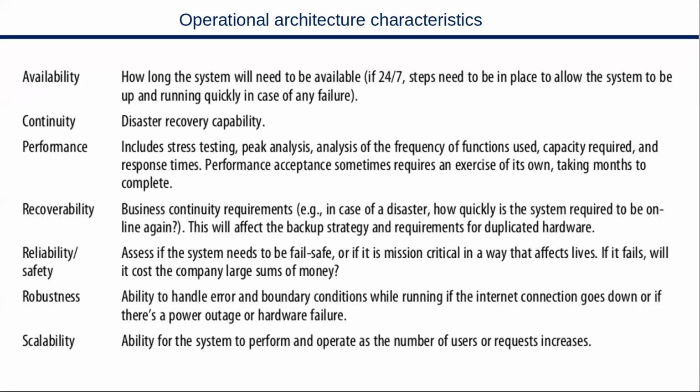For example, some experts will say that reliability and availability are all about the same thing. There is no difference. Some of them will say that availability is a part of reliability. Some of them will highlight reliability. Some of them will work with availability.